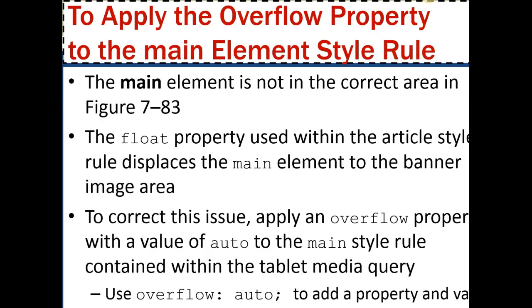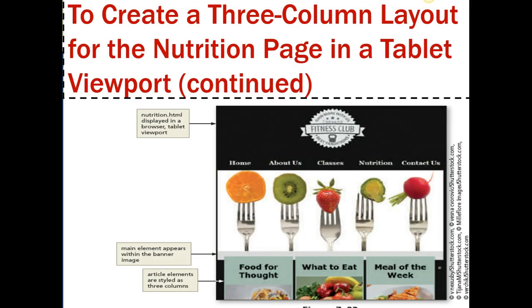The next thing that we are going to look at is how to apply the overflow property to the main element style rule. So as we saw in the previous picture here, the main element is not in the correct area. The float property used within the article style displays the main element next to the banner image area, as you can see here.